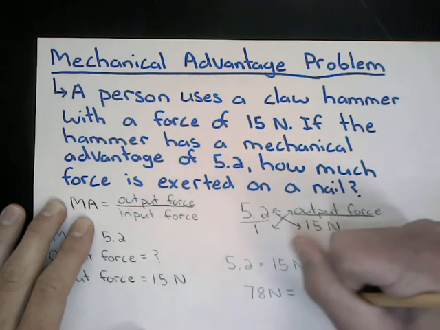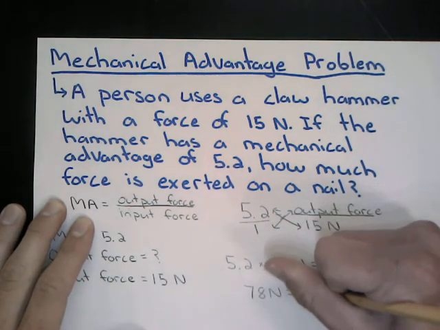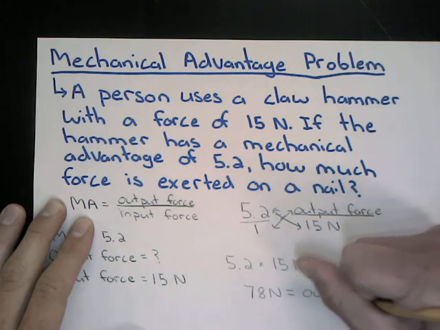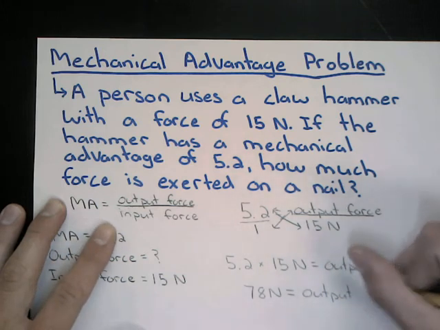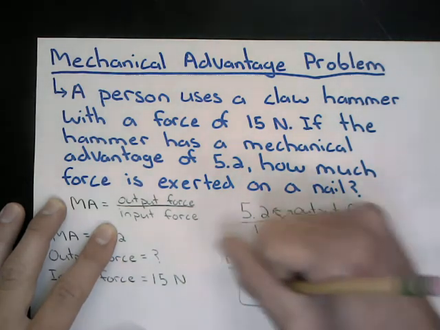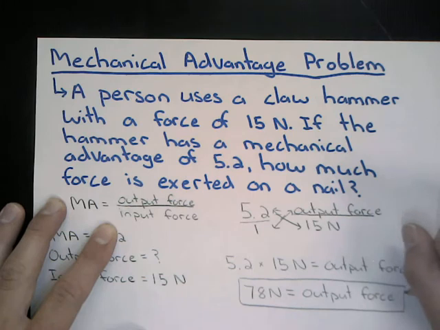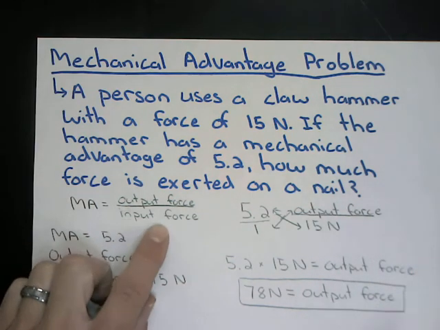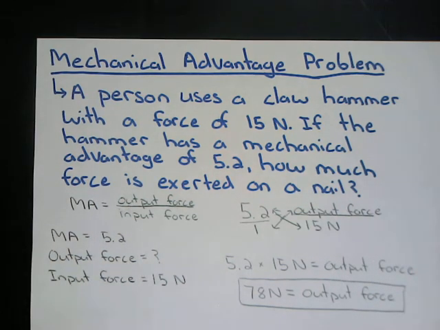So we put in 15 newtons of force, and because of the way the claw hammer is designed, it gives us an output force of 78 newtons. Now the thing to be careful about here is, are we talking about output force or are we talking about distance? Because that will affect which mechanical advantage problem you use.